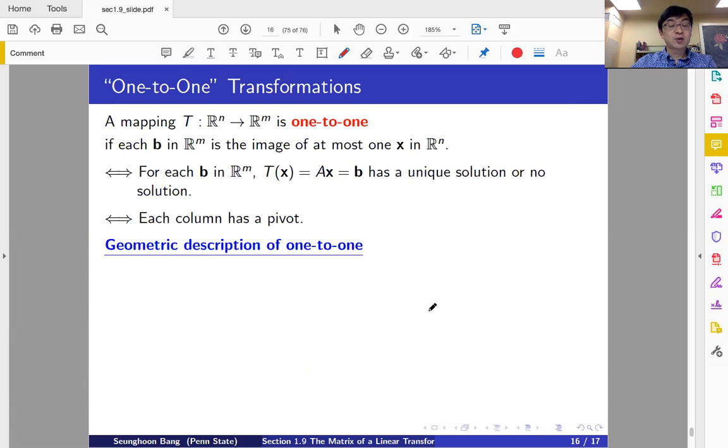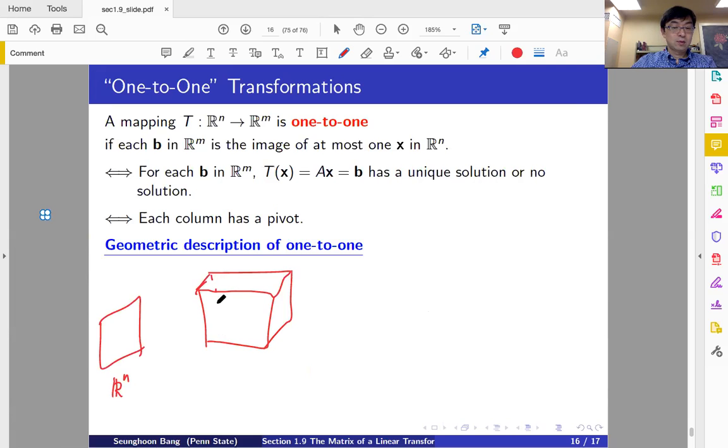The geometric description is like this. Here we have Rn, the domain. This is Rn.